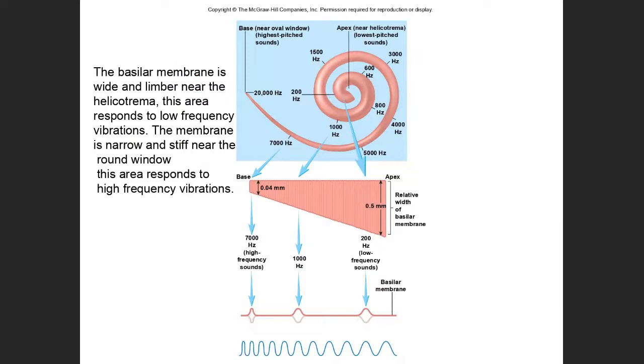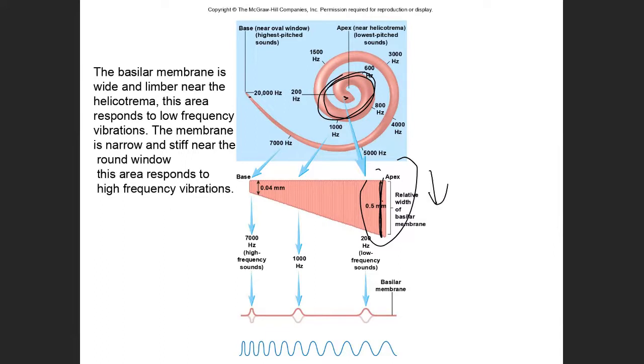So the basilar membrane is not the same throughout. It is wide and flexible at the end, and narrow and stiff at the beginning. So high frequency sounds make the end of the basilar membrane vibrate. I'm sorry, it's the opposite, because this is limber, so it doesn't need as much energy.